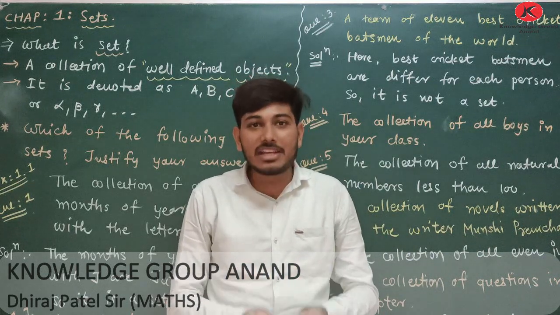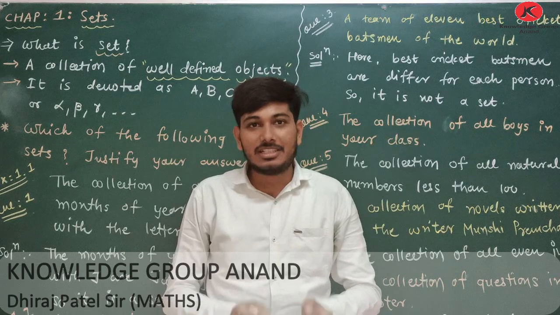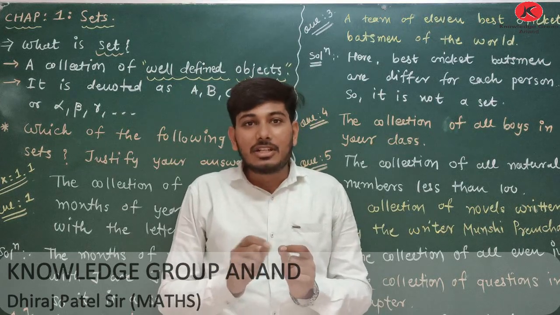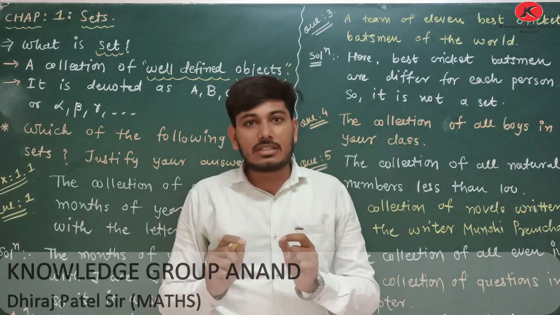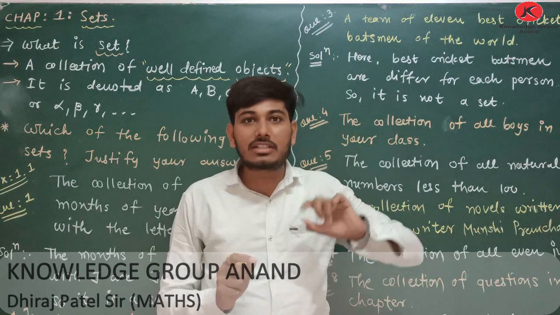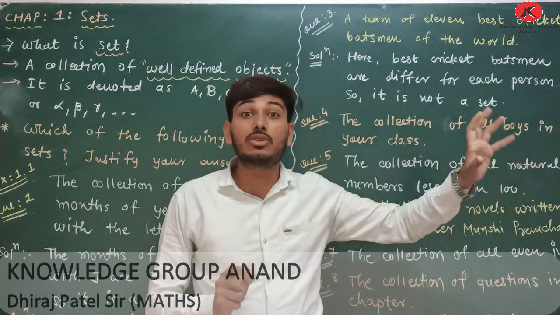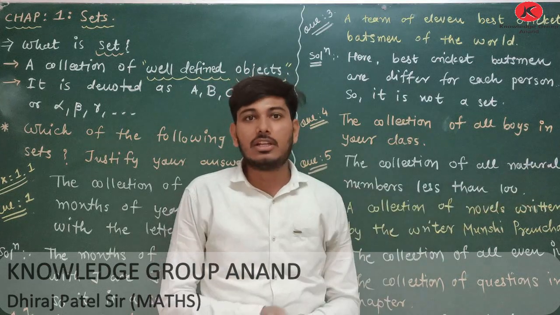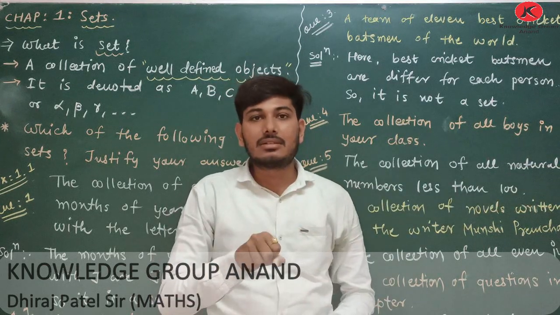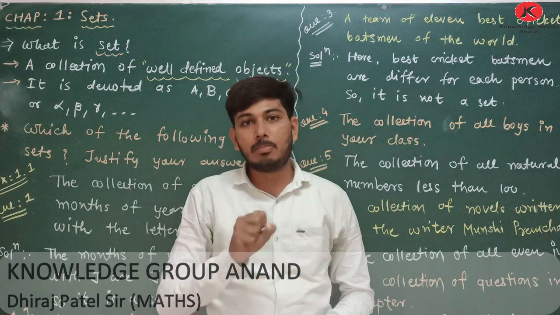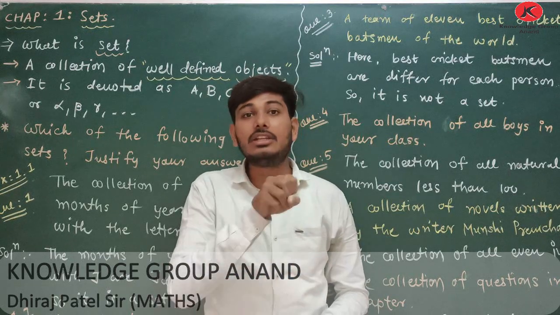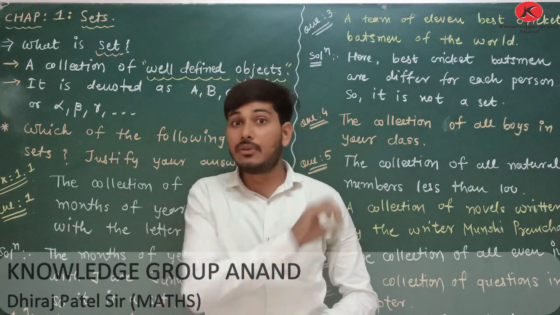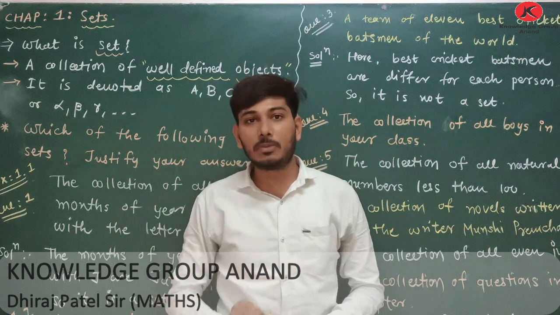Clear? Words like best and good have different definitions according to different people. Suppose I ask the question, the best cricketers in India. There are different answers from different people.